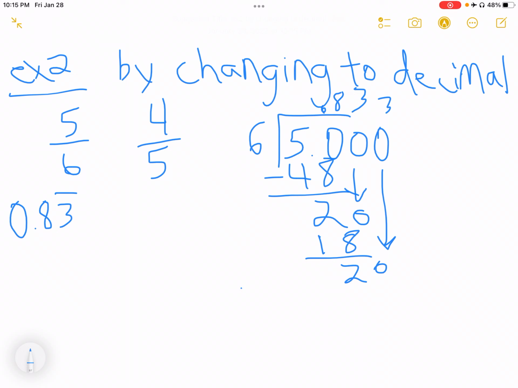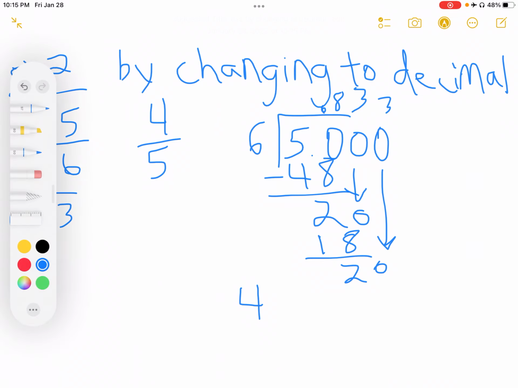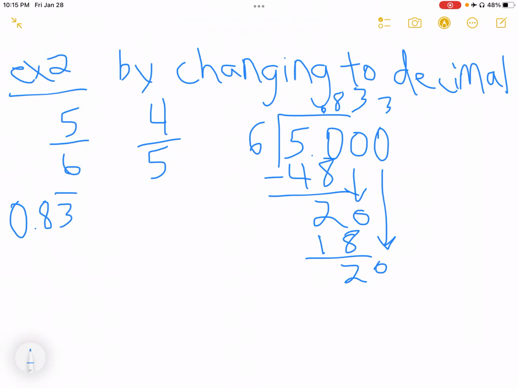And then we do 4 divided by 5. Maybe I'll move it a little bit to give myself more space. Okay, so 4 divided by 5. So we have 0 here. Then 5 goes into 40 8 times, right? So 8 times 5 is 40. So you don't need to do too much math here, right?